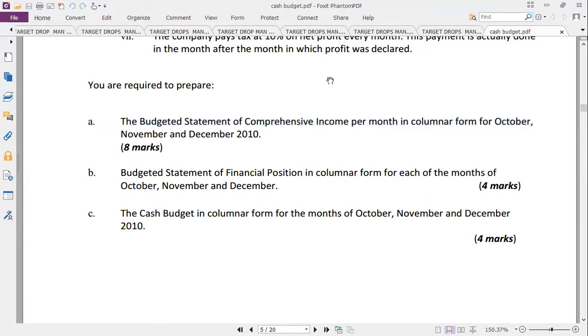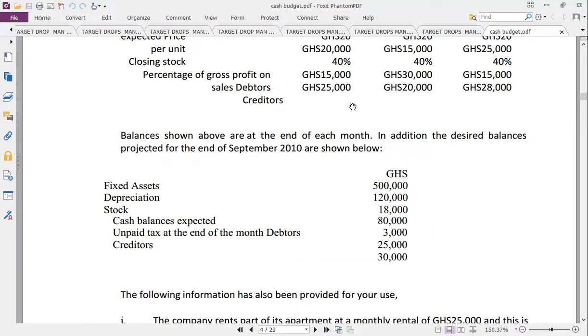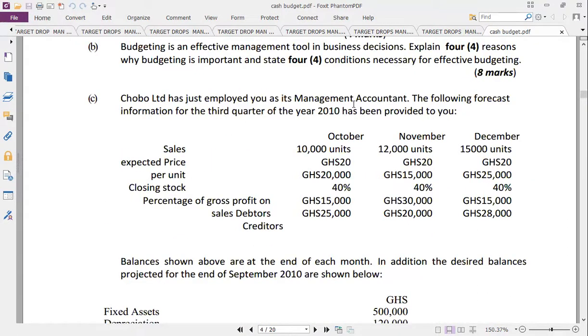Now, this question is very good for illustration. Aside from that, we have about 5 master budget questions that you can clear. So let's go through the entire question. It says that Chobo Limited has just employed you as a management accountant.